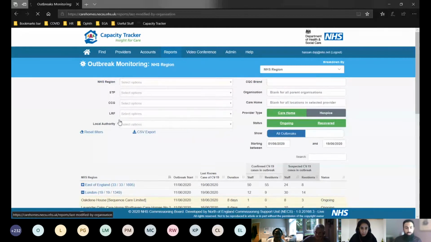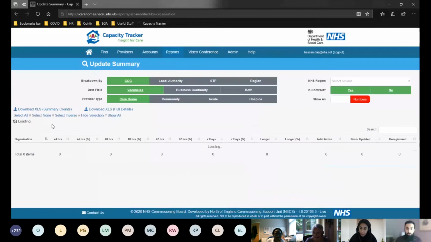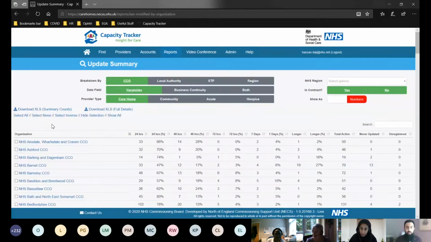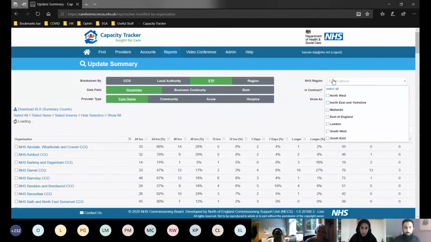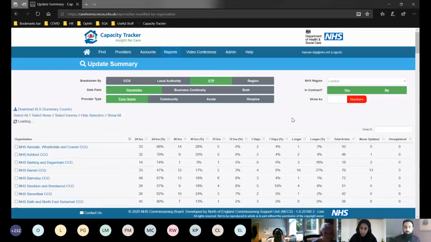Your colleagues can also see how often care homes are updating. I'll go by London. They'll be able to see how many unregistered homes there are.